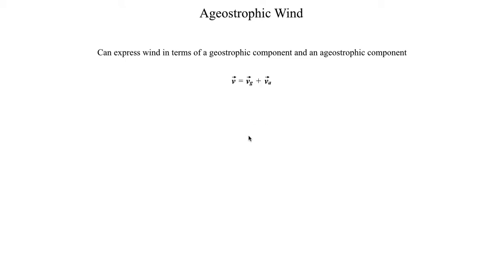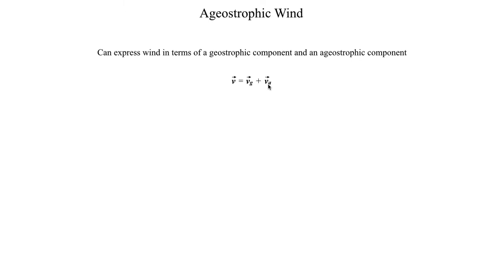Represented mathematically, we can state that the actual wind in the atmosphere, V, is equal to a geostrophic component, V sub G, plus a non-geostrophic component, V sub A, and this is often referred to as the ageostrophic component of the wind. I said non-geostrophic because I'm trying to highlight the fact that this component of the wind is not a geostrophic component.